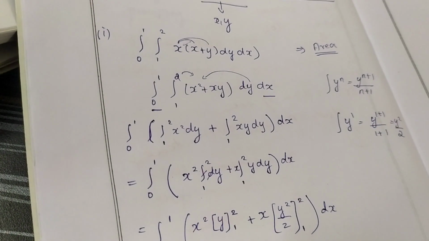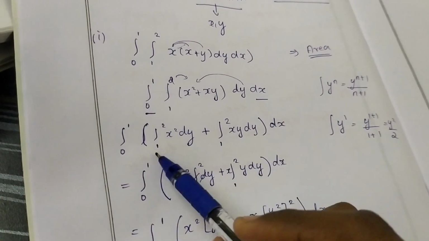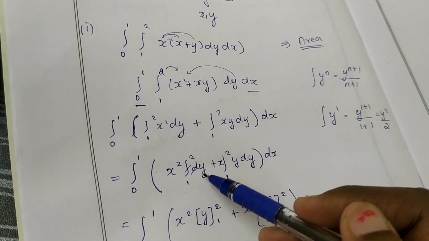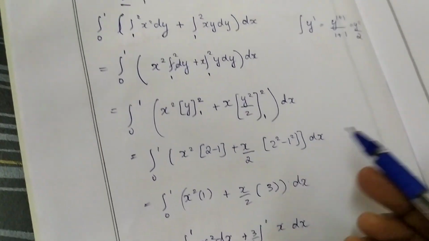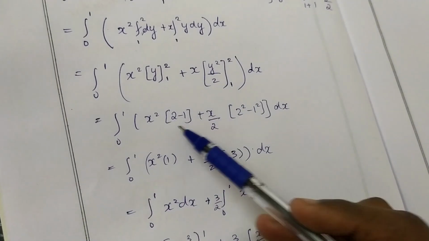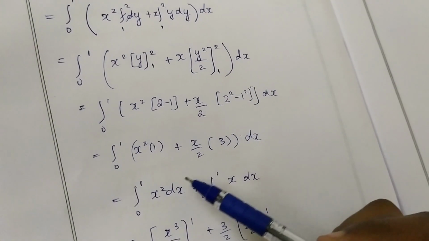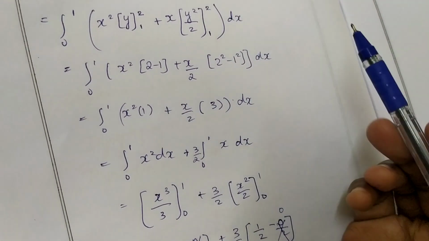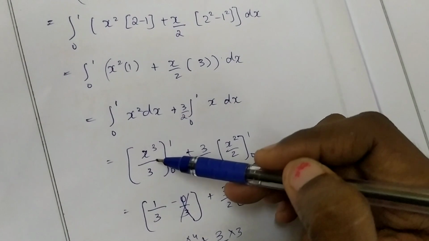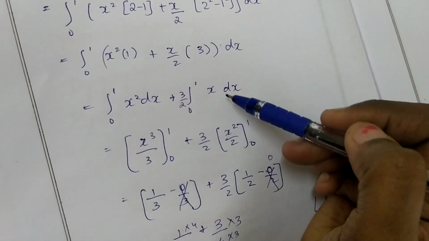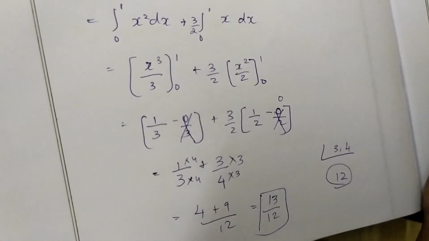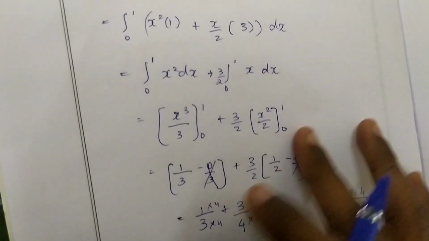When you bring this inside, you have to integrate with respect to y. So it will come like this. Upper limit minus lower limit will give you this. Then you have to integrate x, because you have dx. So integrating x square will give you x cube by 3, and integrating x will give you x square by 2. Understood? So you substitute the values, and finally you get an answer.